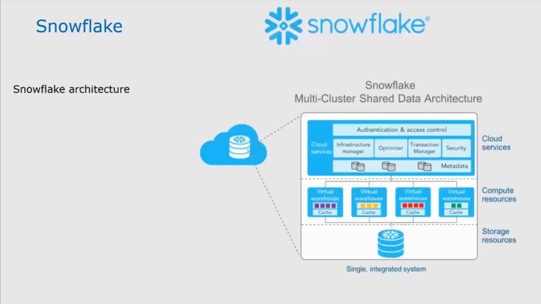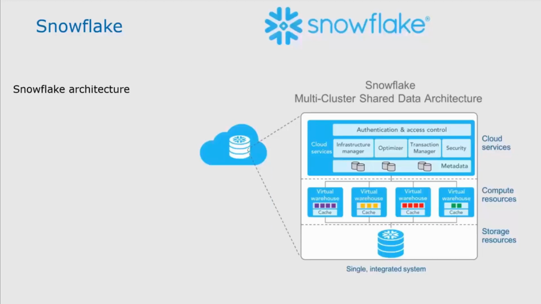Snowflake architecture, as I mentioned, is separate virtual warehouses with a cache, so that's your compute resources. Then you have your single storage underneath, as well as your cloud services: infrastructure manager, query optimizer, transaction manager, security.